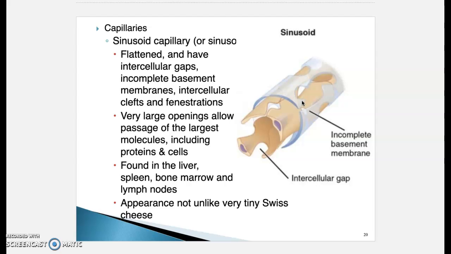This allows large molecules, proteins, and cells to pass through. These are usually found in places like the liver, the spleen, and bone marrow, because in the liver, there's a production of proteins like albumin that need to enter the bloodstream, and sinusoid capillaries allow that process to take place.